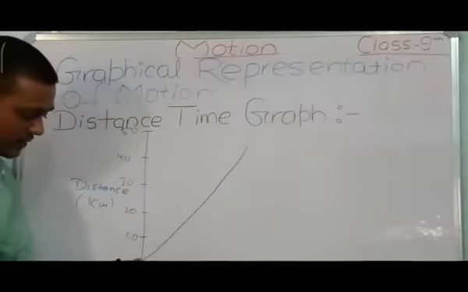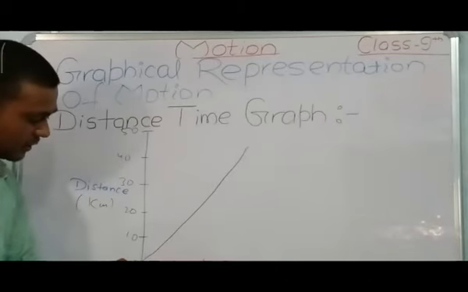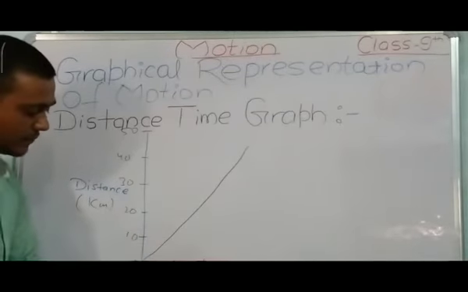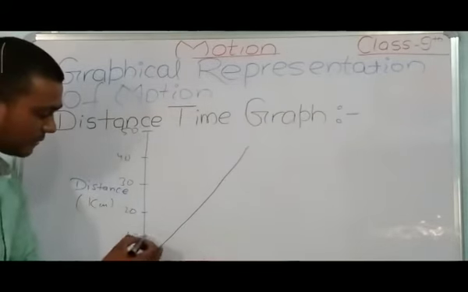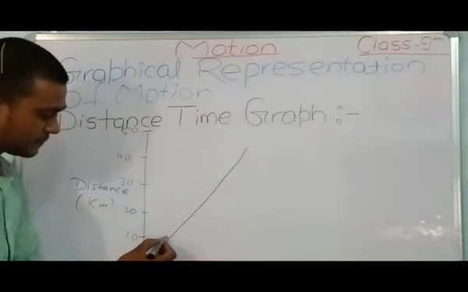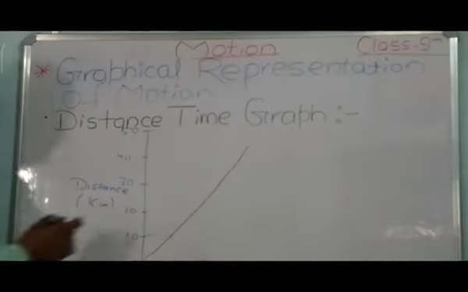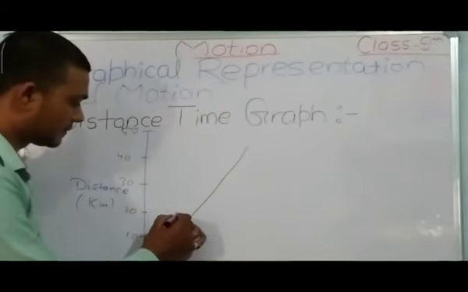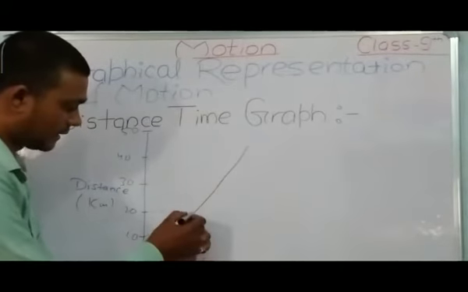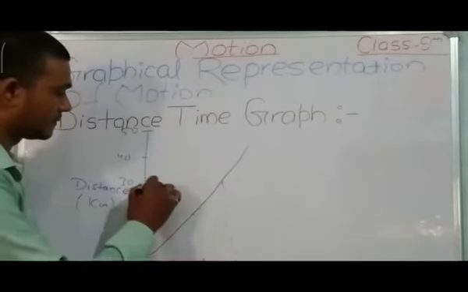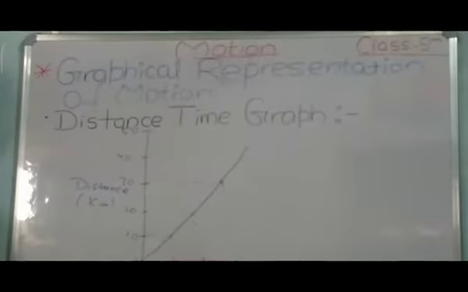How? See, when an object starts moving from this origin reference point, it covers 10 kilometer in 1 hour, next 10 kilometer in the next hour, and the next 10 kilometer in the next hour.